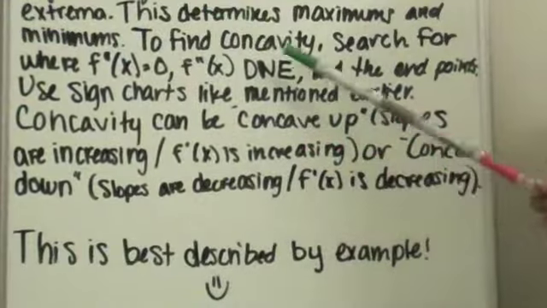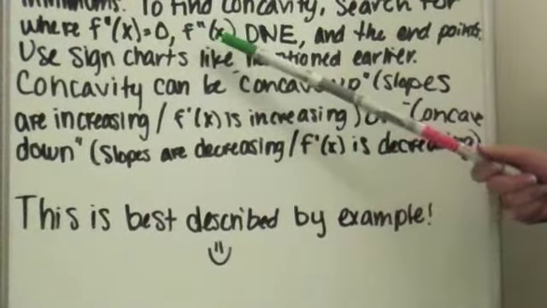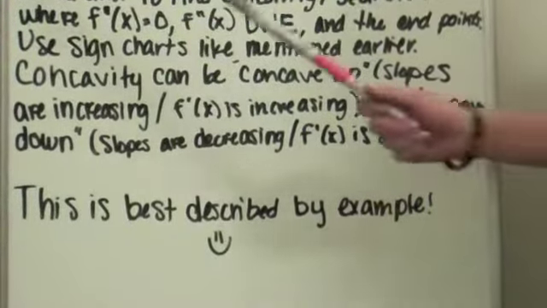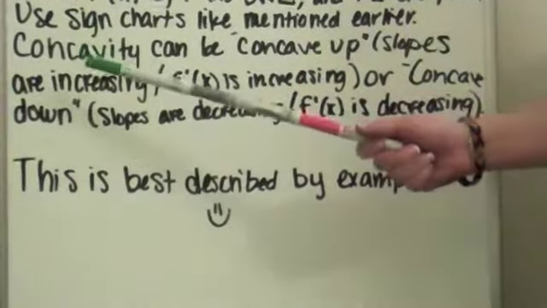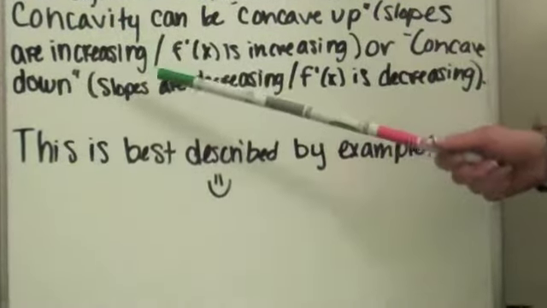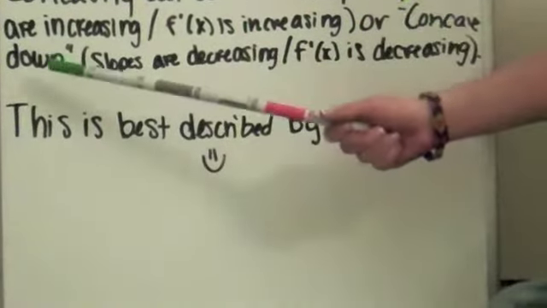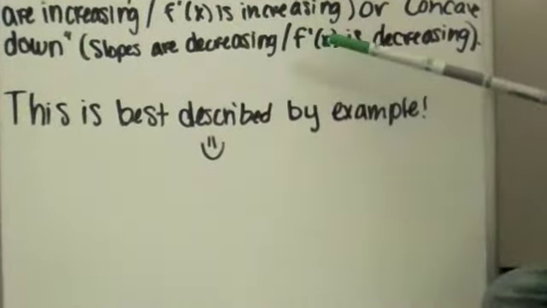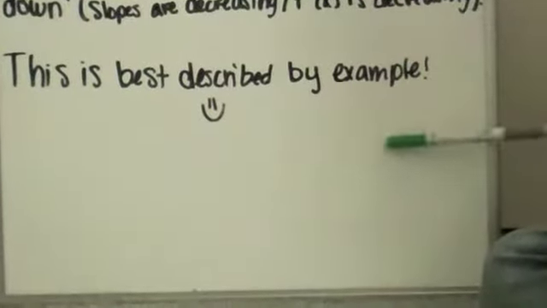To find concavity, search for where f double prime of x equals 0, f double prime of x does not exist, and the endpoints. Use sign charts like mentioned earlier. Concavity can be concave up, slopes are increasing, or f prime of x is increasing, or concave down, slopes are decreasing, or f prime of x is decreasing. This is best described by example.